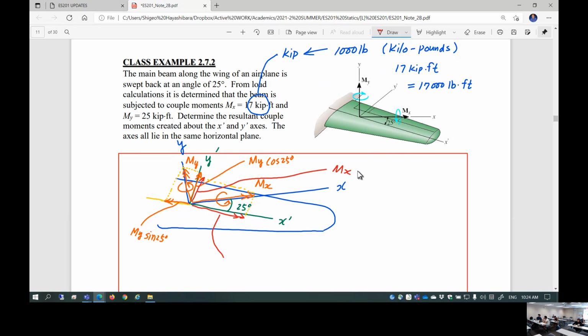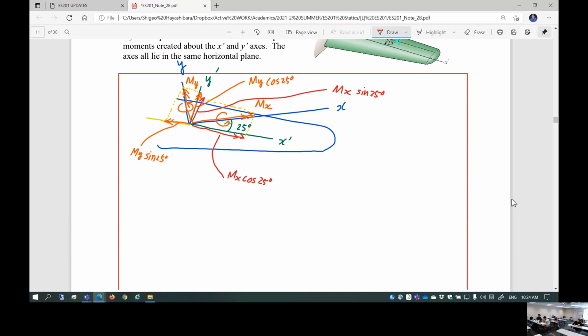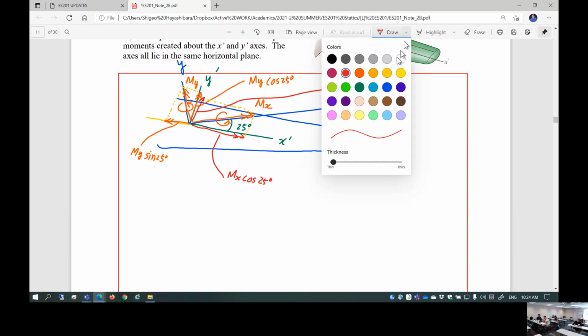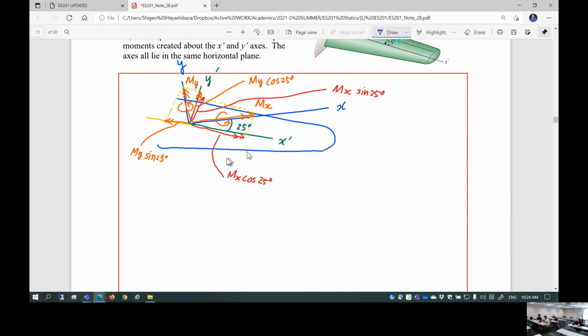Mx sine 25. This is Mx cosine 25. So it looks like the two couple moments are resolved into the x prime and y prime directions.